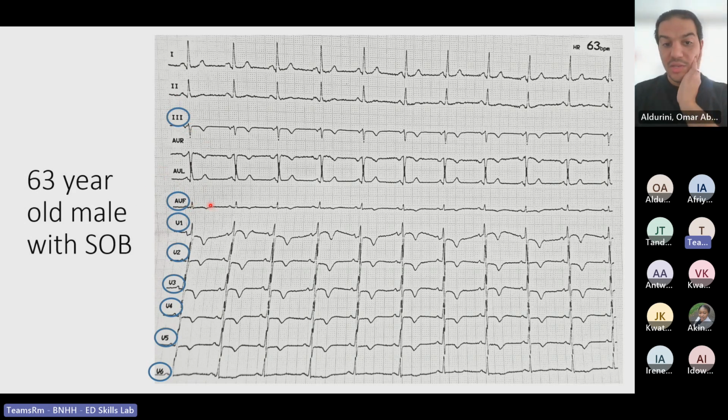But in this ECG, the T wave here is also pointing downwards, so these are two leads in the same area. So this is a significant change for me. V1 through V4 represent the anterior wall, and V5 and 6 represent the left side of the heart. Lead 3 and AVF represent the inferior wall of the heart.